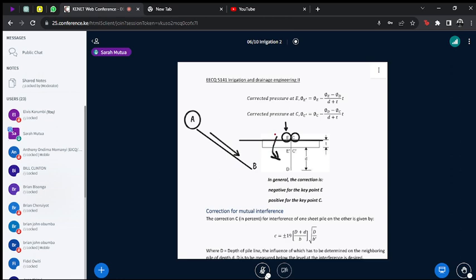Because now, essentially, if the water was to flow, it is going to flow vertically downwards. And let me say we are supposed to subtract from E so that we can get E prime. And then in this case, we are supposed to add a correction. So how do we correct?